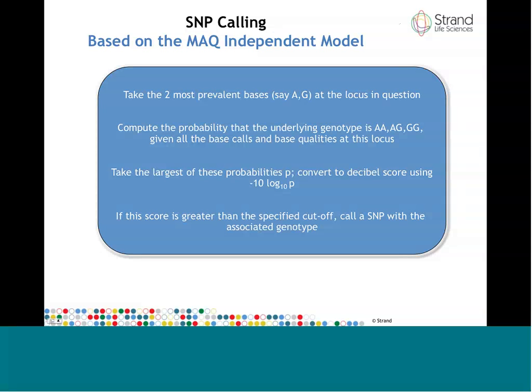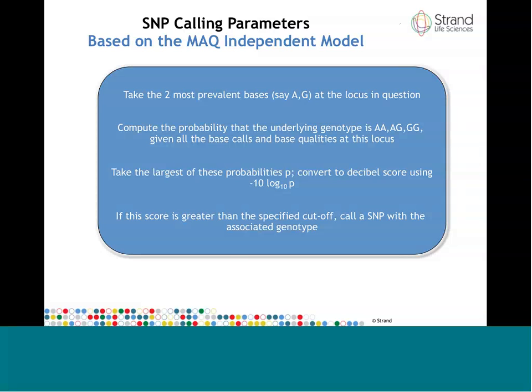So if the score is greater than a specified cutoff, you call a SNP with the associated genotype. By associated, I mean that if the probability of AA was the highest, then you say that there's an AA at that location. So that's the algorithm. Of course, the meat is in the probability calculation, and that's done using the MAQ method. So I won't go into further detail here, but if anybody is interested, we can send you more material on this.